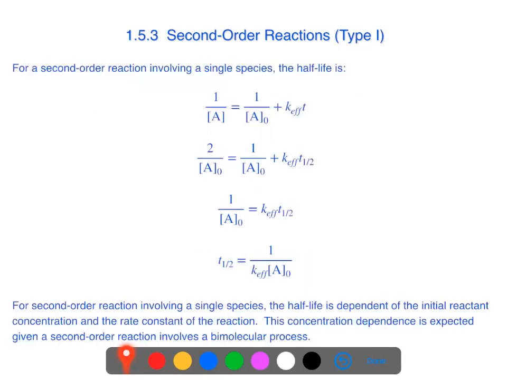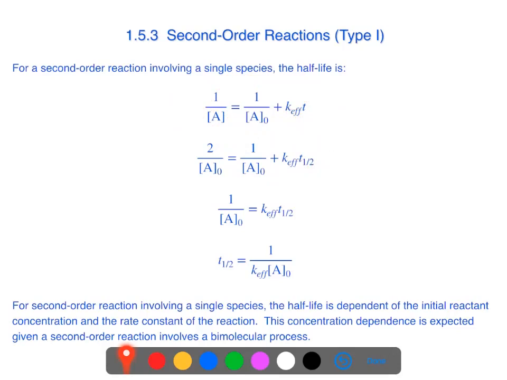And finally, we can also calculate the half-life for a second order reaction type 1 in a similar manner to what we saw for zeroth and first order reactions. So if we start with our integrated rate law for second order reaction type 1, single species, and we substitute in for the concentration of A with 1/2 A naught, we end up with the following expression, where we've also included the subscript for our time variable as t1/2 represents the half-life.